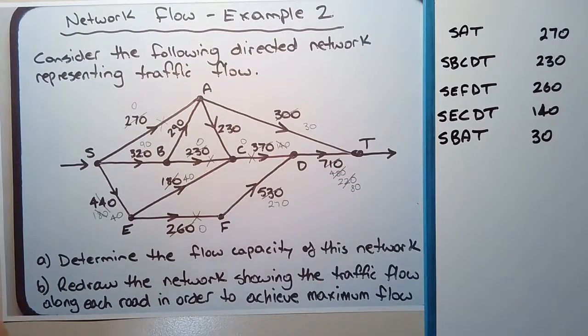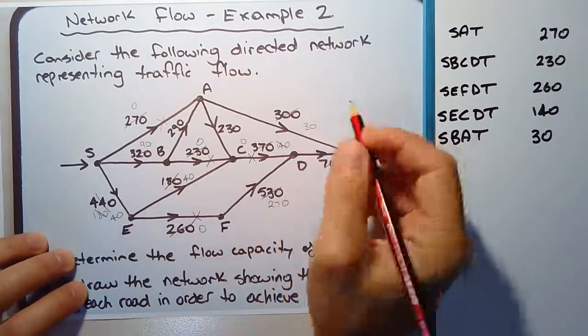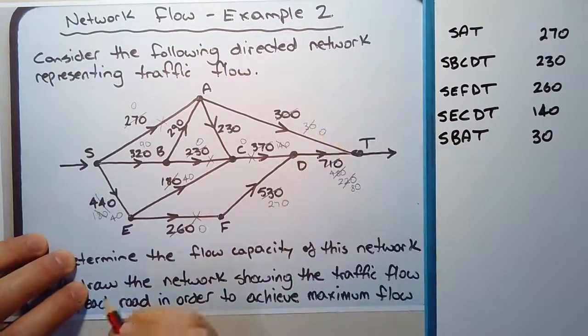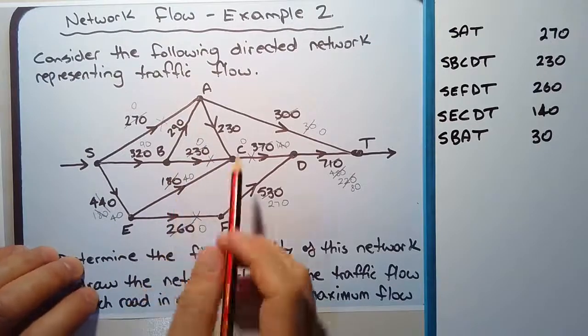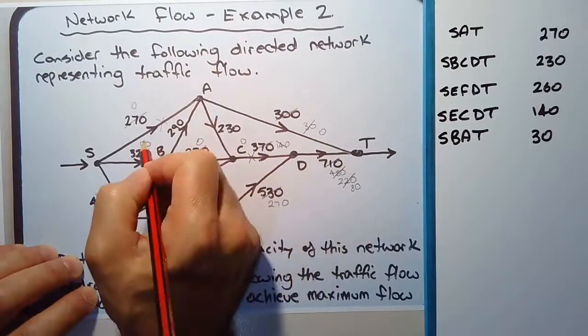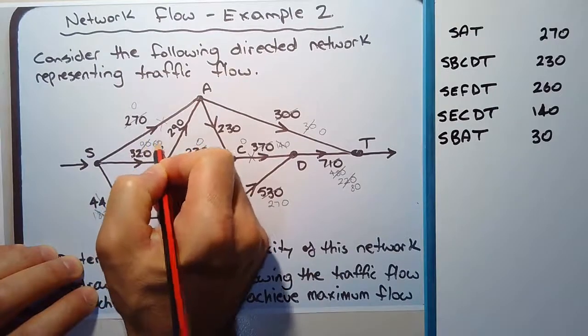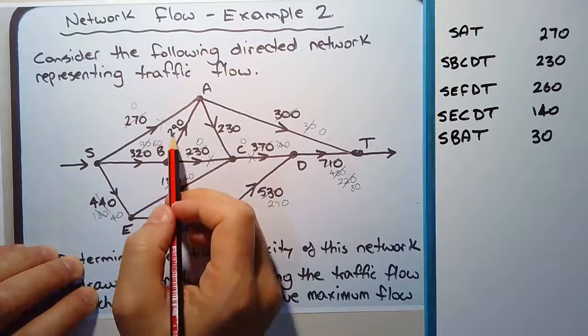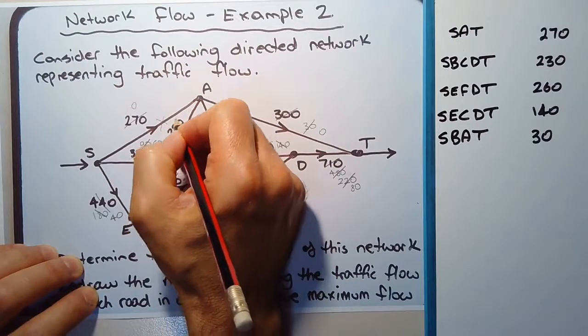We're going to subtract 30 from that. So AT is saturated. We used up all that capacity. We subtract 30 from each one. So that's now 60, and 290 minus 30 is 260.